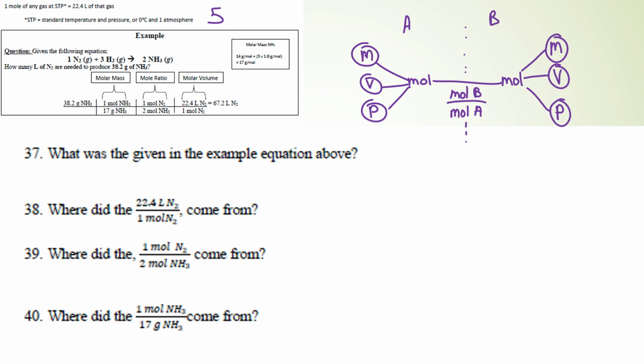All right, now let's look at our model and see what it says. The model gives us the same chemical reaction that we've seen multiple times in this POGIL: nitrogen gas plus hydrogen gas forming ammonia gas. The question this time says, how many liters of nitrogen gas are needed to produce 38.2 grams of NH3?